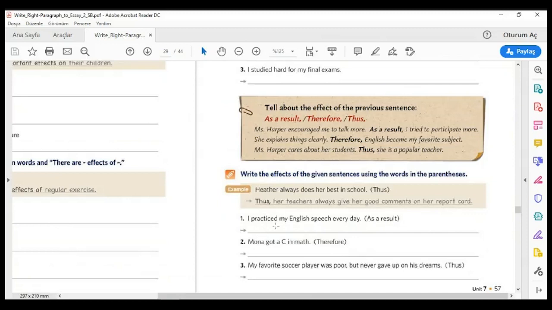I practice my English speech every day. Your second sentence will start with as a result, comma. Number two, Mona got a C in math. Your second sentence will start therefore, comma. And then the last one is my favorite soccer player was poor, but never gave up on his dreams. Your second sentence again will start with thus, comma.